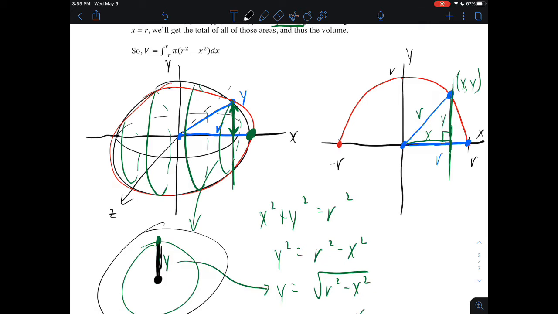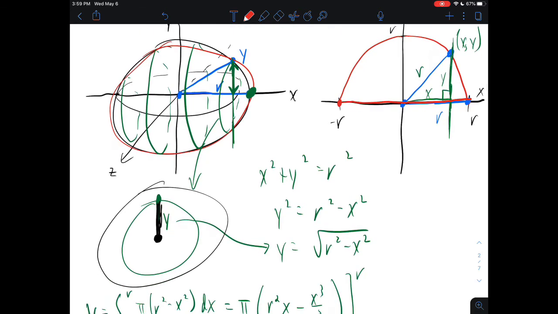You don't have a washer here because your region is actually connected to the axis of rotation. So you don't have an inner radius. So you would actually say it's 0. The outer radius, again, came from this height, the y value. So really this pi times radius squared that comes from the disk method is just a simplified version of the washer method.